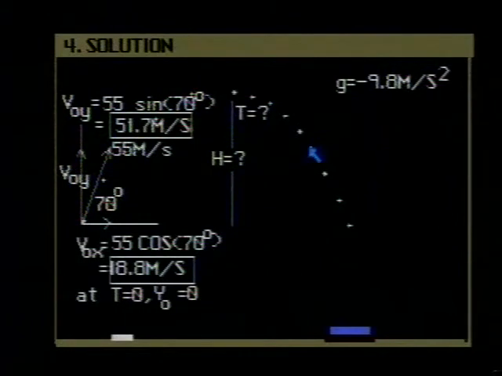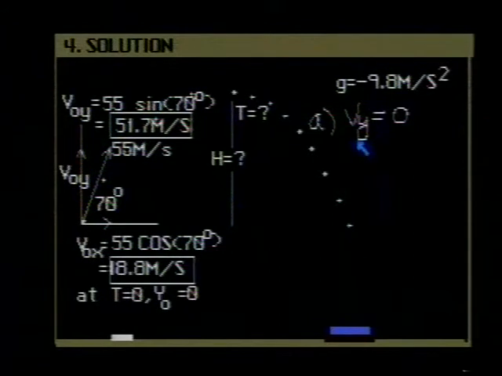In Part A, we are asked to find the maximum height that our daredevil rises to. At the maximum height, the daredevil's upward motion stops for a moment and then it starts down again. And at that point, the velocity in the y direction is momentarily 0, so we can add that to our list of quantities that we already know.